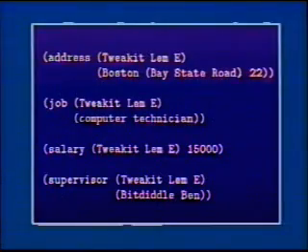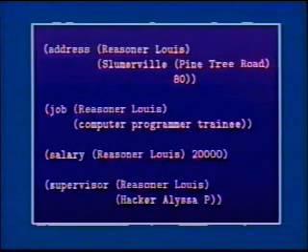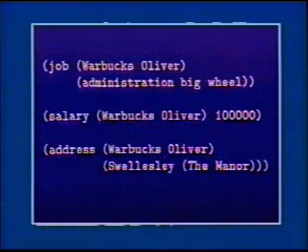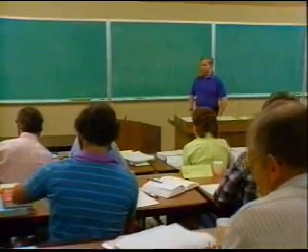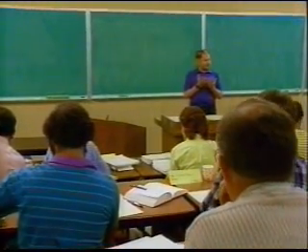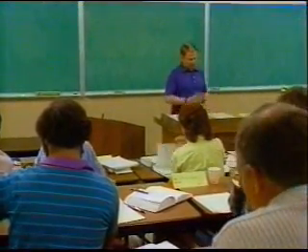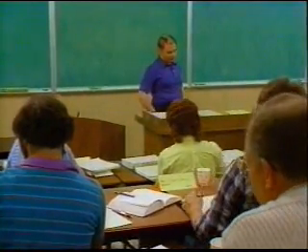And there's a programmer trainee, who's Louis Reisner, and he works for Alyssa. And the big wheel of the company doesn't work for anybody. Right, that's Oliver Warbucks. Anyway, what we're going to do is ask questions about that little world. And that'll be a sample world that we're going to do logic in.